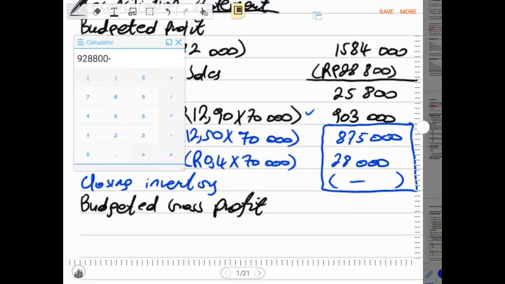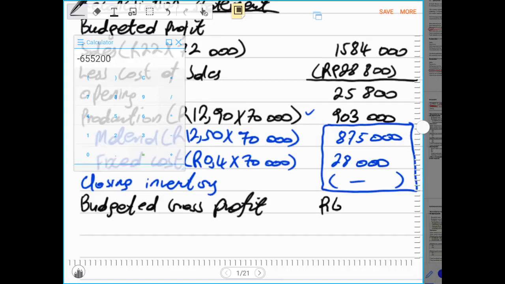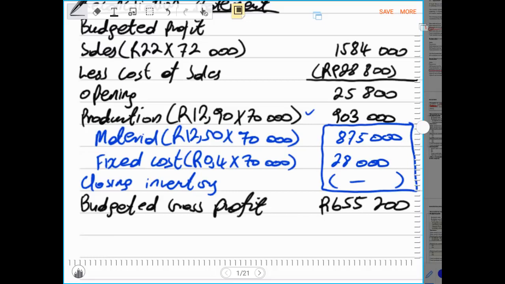Then we minus this from 1,584,000, and this will be 655,200 rands. And this is our budgeted profit.